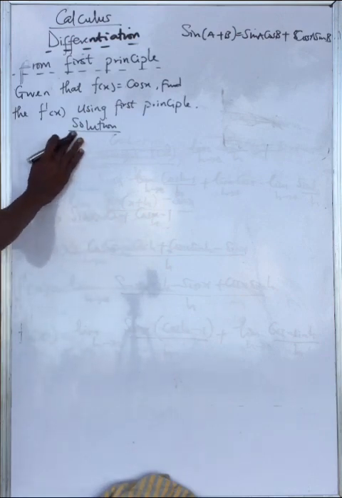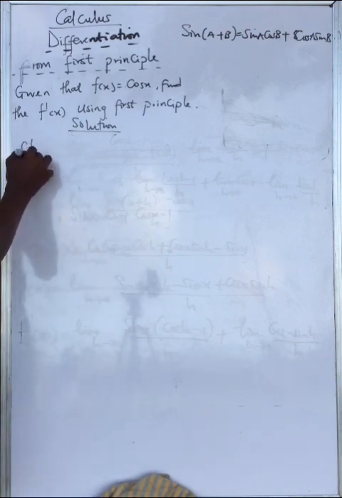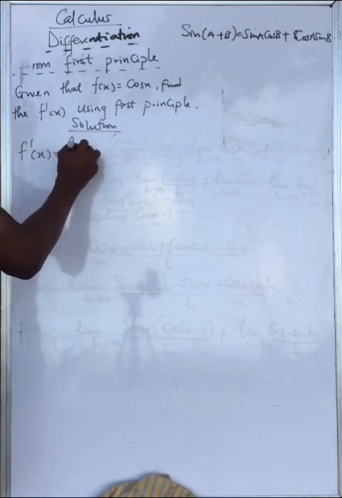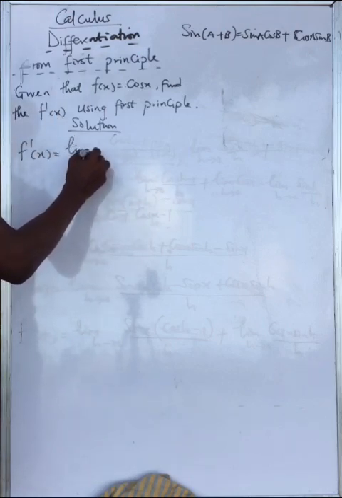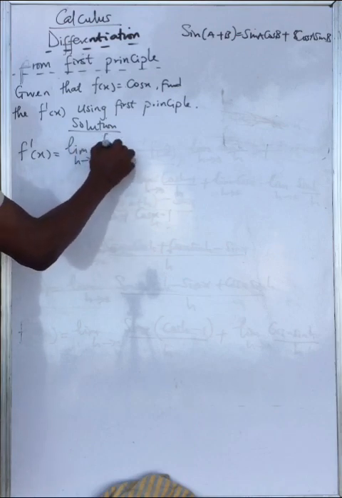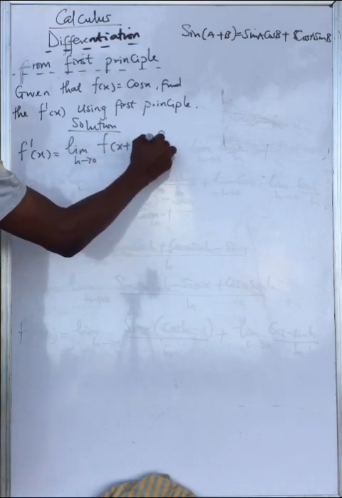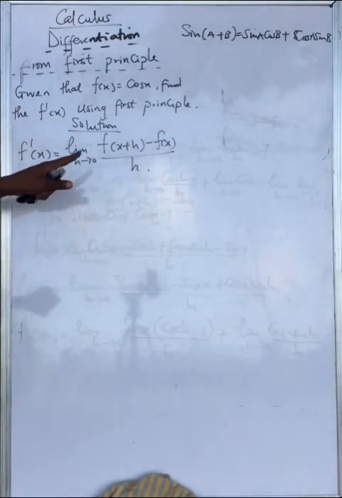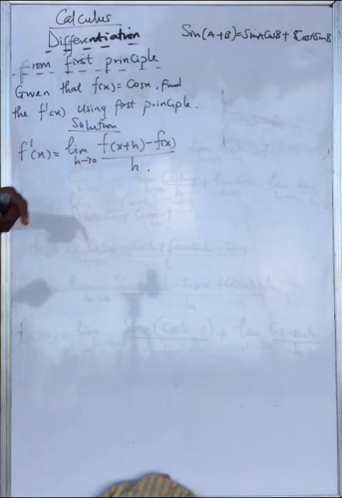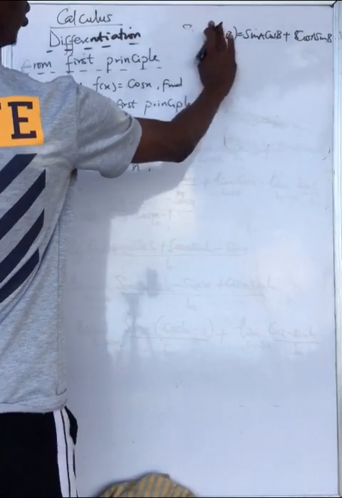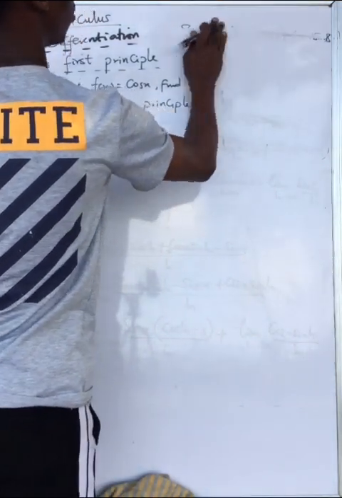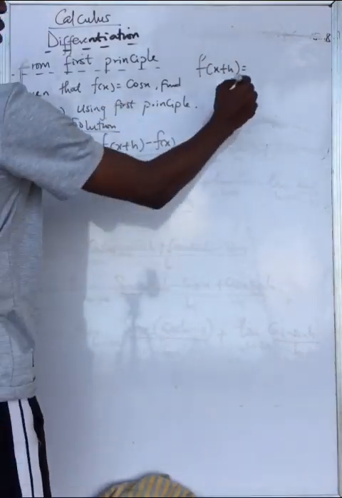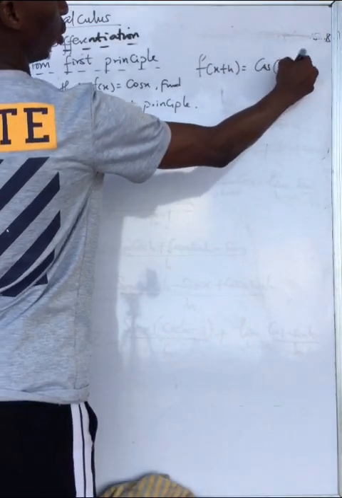So remember the formula. The formula says that f prime of x, the differential of the function in question, is equal to the limit where h tends to 0 of (f of x plus h minus f of x) all over h. So if I assume my f of x is cos x, then my f of x plus h would be cos of (x plus h), no doubt.